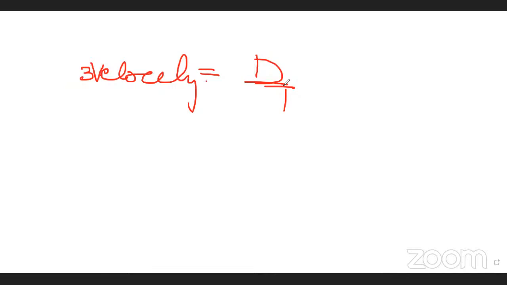Length is a fundamental quantity, and time is also a fundamental quantity. Therefore, on the whole, area is derived from one of the fundamental quantities, that is length.